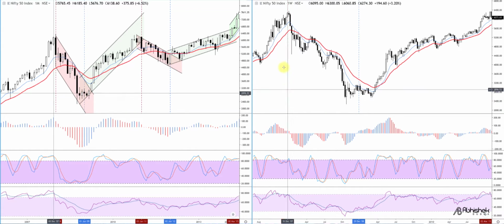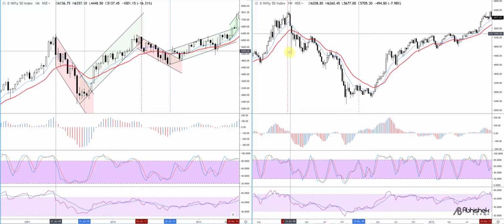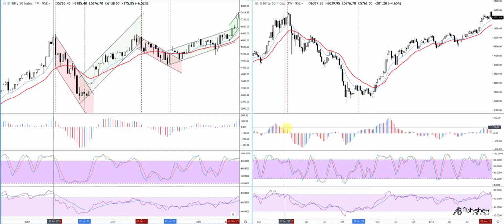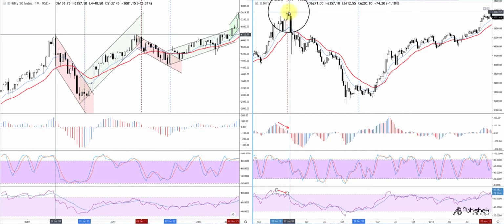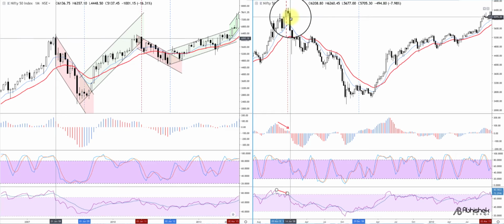So when we come to the weekly chart, we see there is a bearish divergence in the MACD. There is a bearish divergence in the RSI, and after this tick down here, this small black candle, the market started falling, and we could take a short position as soon as this low is taken off.